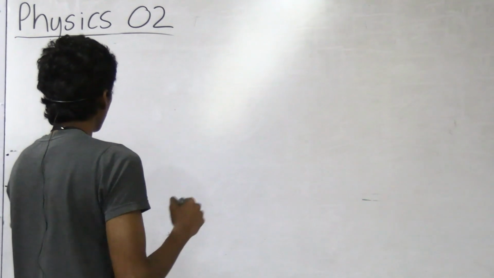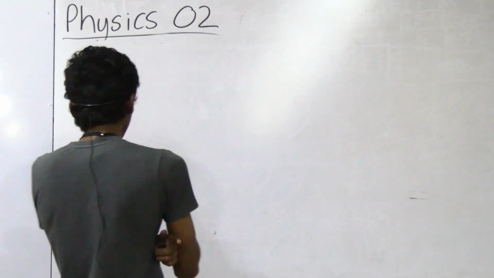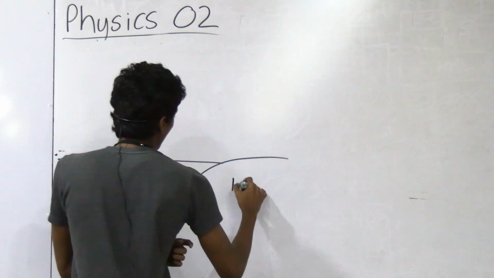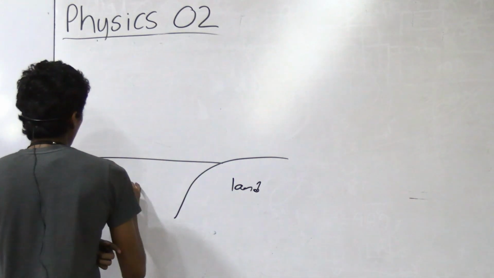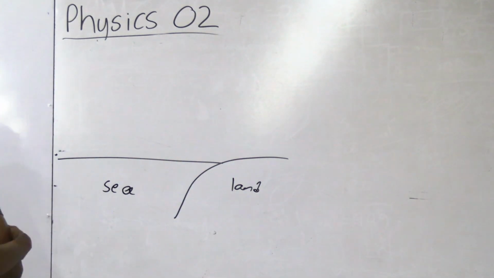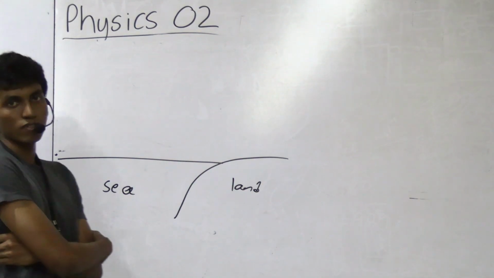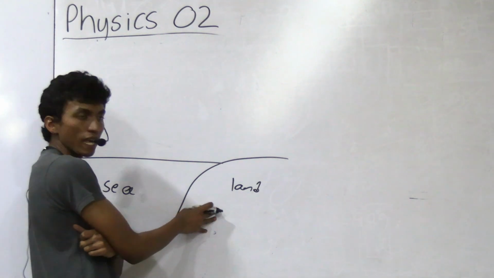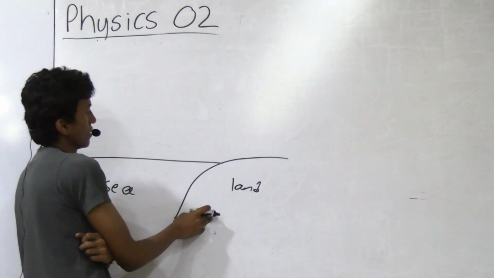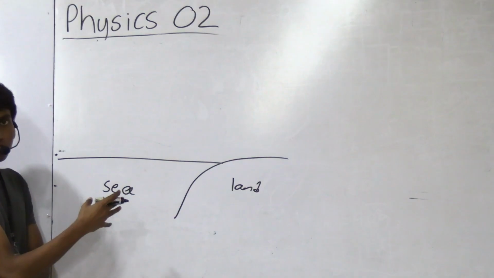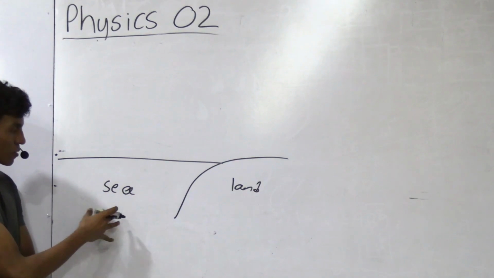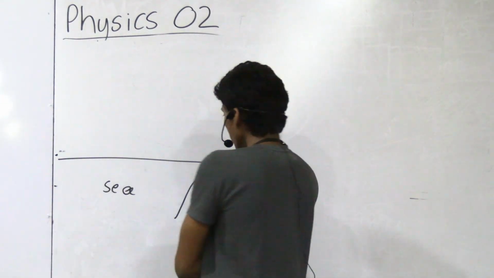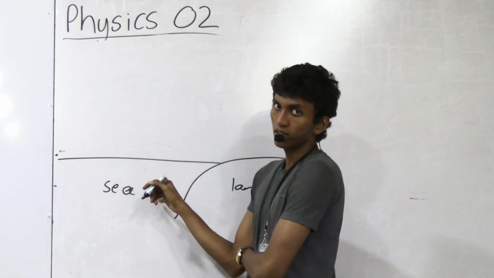So if we go over how sea breeze and land breeze occur, if this is the land and this is the sea, during the day both the sea and the land heat up, right? But due to the lower heat capacity of the land, it increases in temperature in a lesser time than the sea. So the land is considerably hotter than the sea.